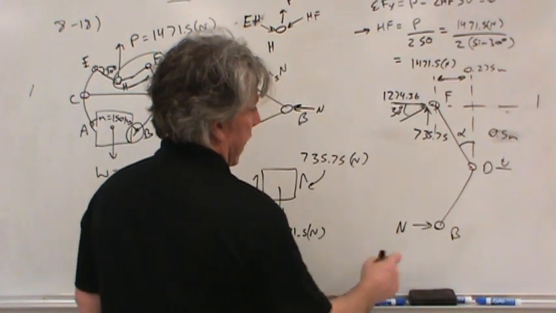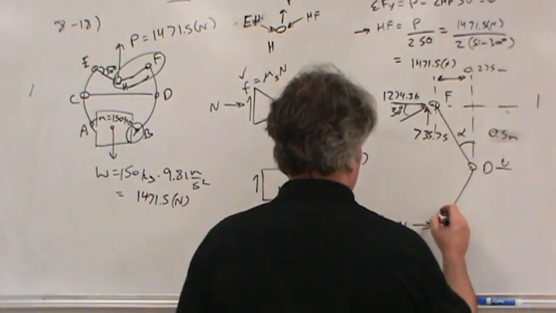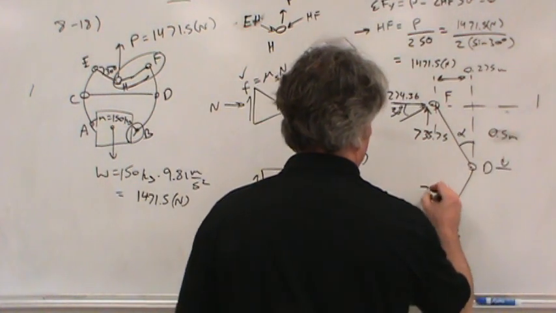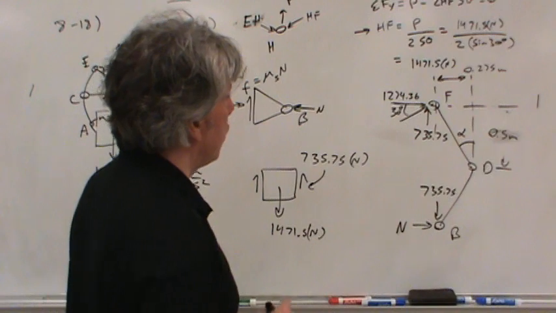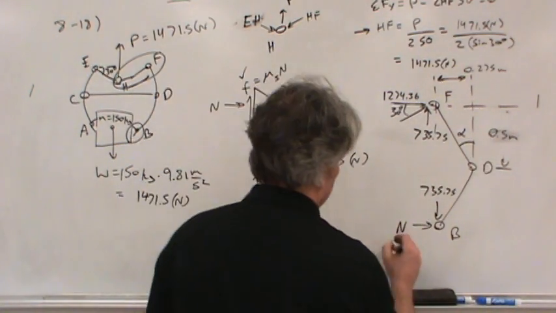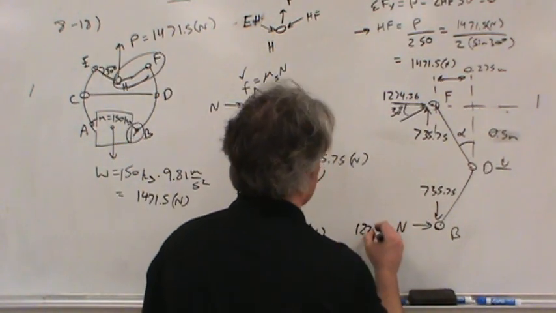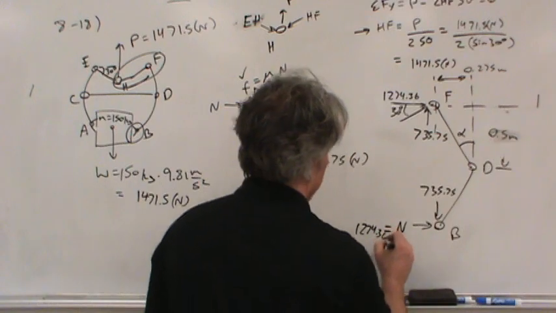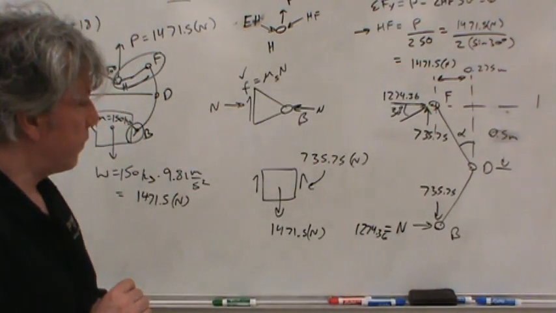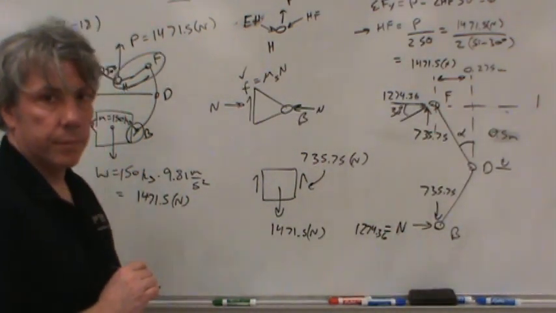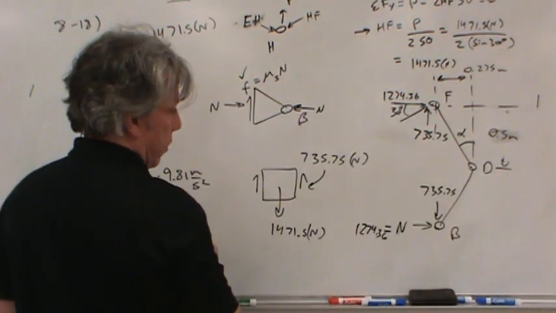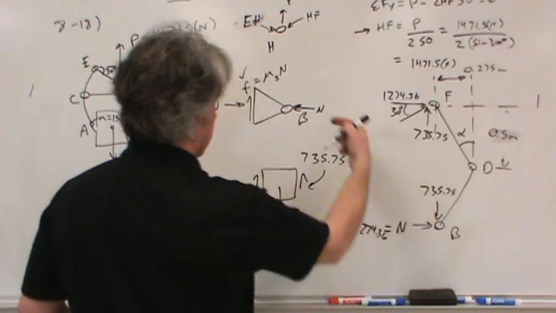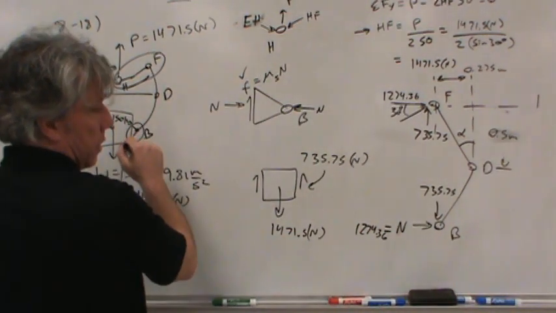Yeah, so we would have a force down here of 735.75, and then a normal force of 1274.36 newtons, okay? Make sense so far? Any questions? So I think now we know the magnitude of the normal force because this is just going to be applied through the foot.